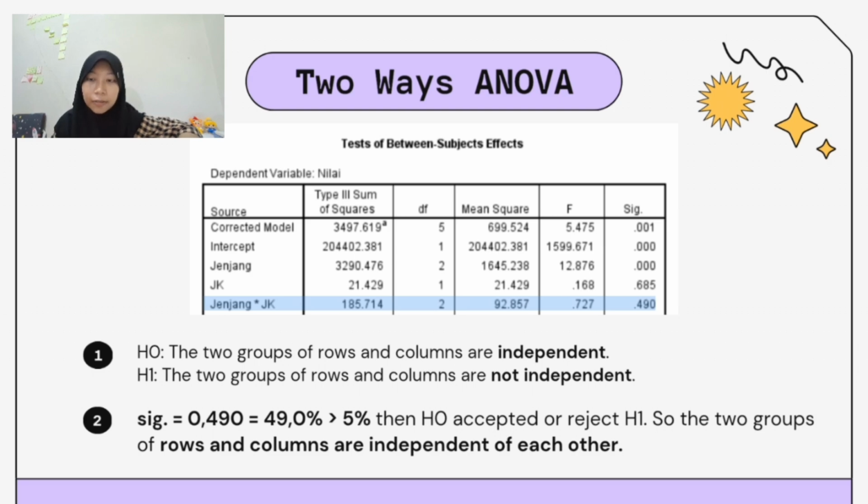We found that the significance is 49%, which is more than 5%. So the null hypothesis is accepted and the alternative hypothesis rejected. So we do not continue to the post hoc test, and the conclusion is the two groups of row and column are independent of each other.